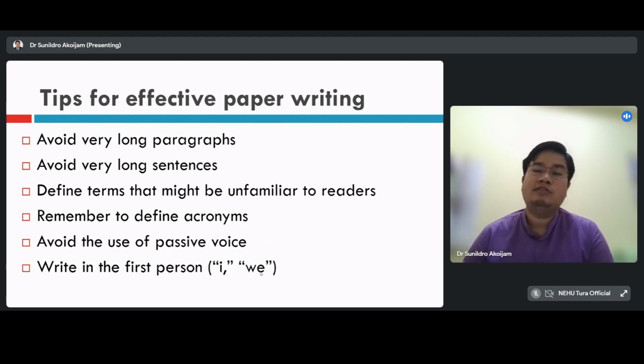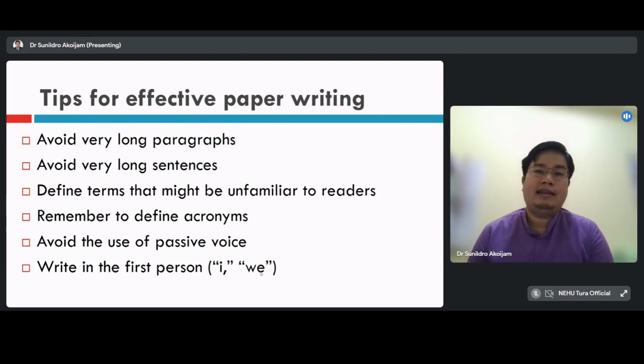Similarly, avoid very long sentences. Very long sentences create confusion all the time. So better to stick to short sentences, so that it becomes easy for readers to understand. Then define terms that might be unfamiliar to the readers.